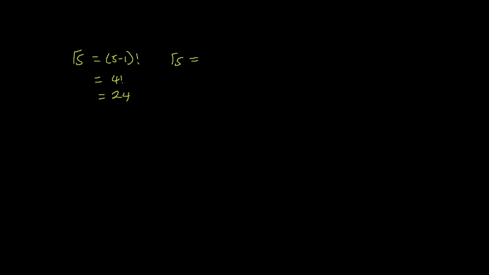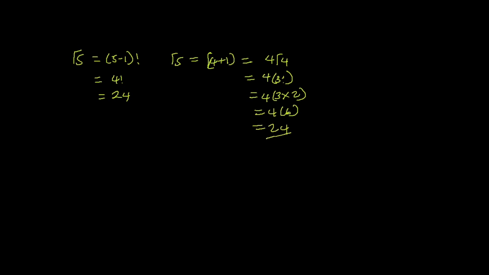With this other formula, we are going to have gamma of 4 plus 1. This is going to be equal to 4 gamma 4. And this is going to be equal to 4 times gamma 4, which is known to be 3 factorial, which is going to be 4 times 3 times 2, which is 4 times 6, which is going to give you 24. So you discover that these formulas are the same.